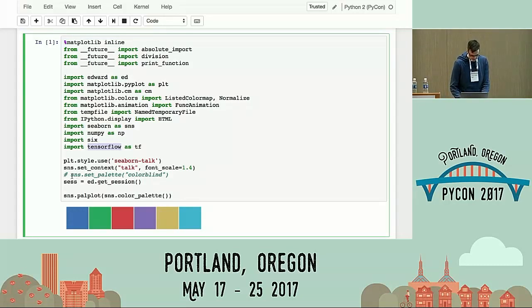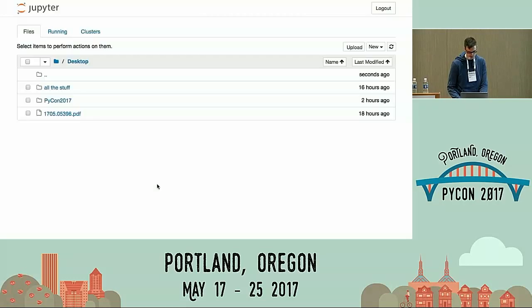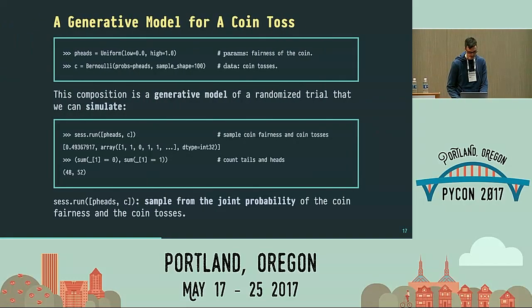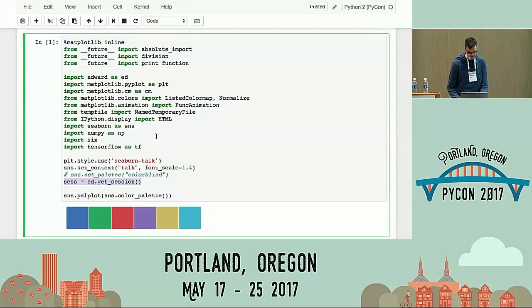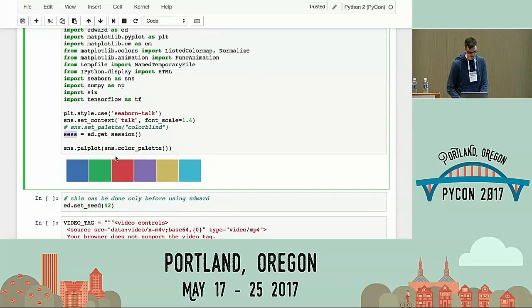And here we get this session object. So this was the thing that I used to actually run our little simulation here. As you can see here, this is the thing I called. And I pull it out of Edward. So Edward actually defines it somewhere internally. And I can access this like this now, because I have assigned it to the variable sesh for session.